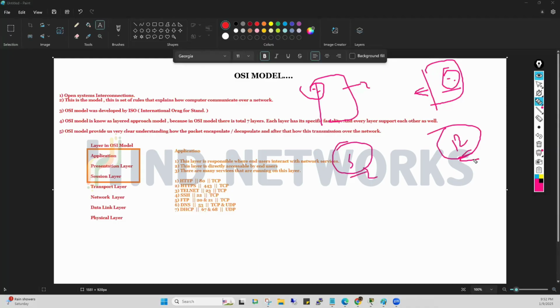By the help of TCP. So please do not understand it like this, that by the help of TCP or UDP, one is secure and one is not secure. No. TCP and UDP are used here for connection establishment, not for security reasons. I hope this is clear to you.